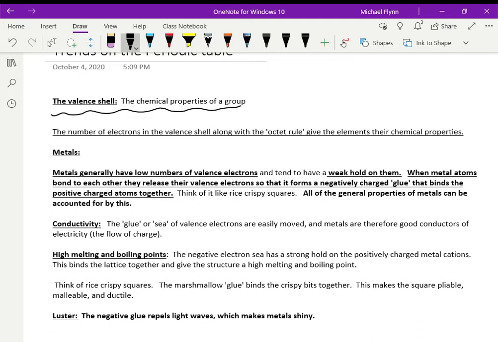The metalloids, depending on what row you're in, could have 3 or 4 valence electrons. Then non-metals will have 5, 6, or 7, and the noble gases have 8, which makes them a full shell. The exception being helium, because it's in the first row, it only has 2 to form a full shell. But the number of valence electrons you have determines your character, okay?